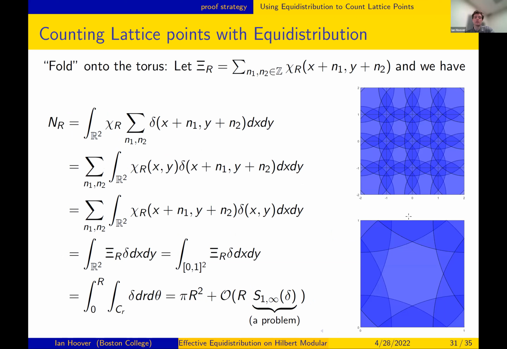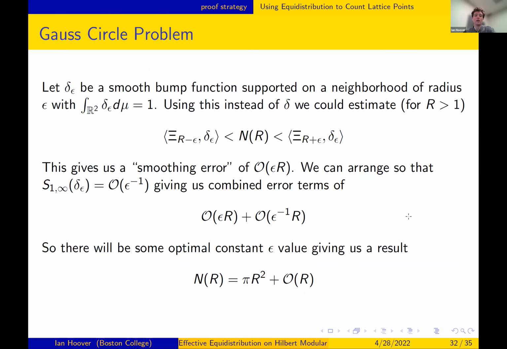The issue with using delta functions is that your error terms from equidistribution involve Sobolev norms, which are not defined for a delta function, which is why we need to use some kind of smoothed delta function instead, which introduces its own error. But this is something you quantify and incorporate. You can then apply the same idea to the situation of counting lattice points of SL2Z or SL2OL as we did. So it's the same sort of process.